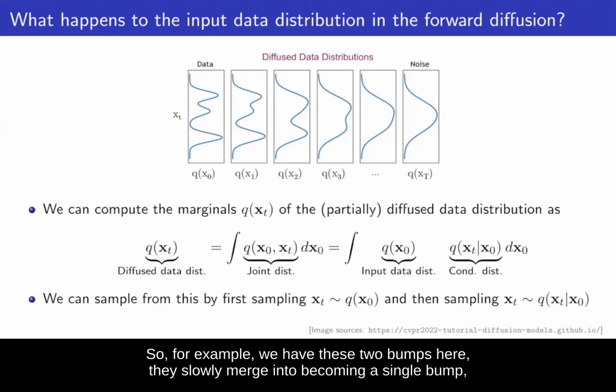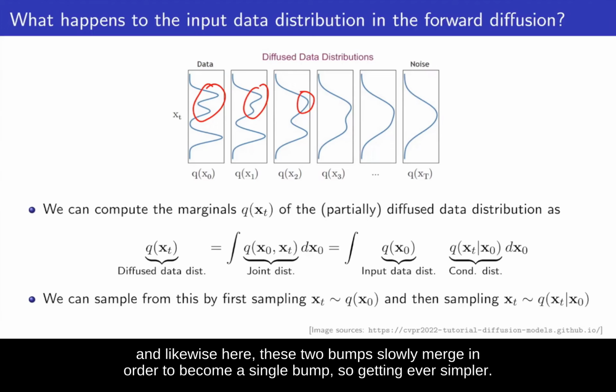So, for example, we have these two bumps here. They slowly merge into becoming a single bump, and likewise here, these two bumps slowly merge to become a single bump, so getting ever simpler.